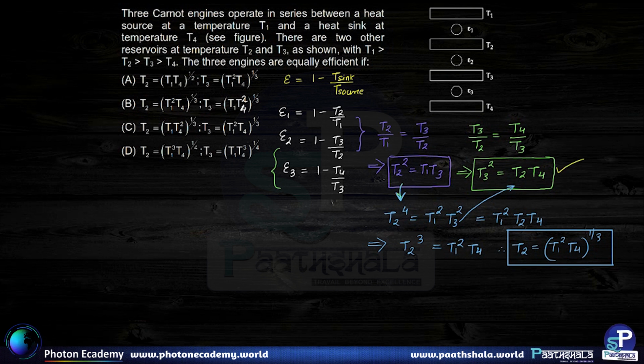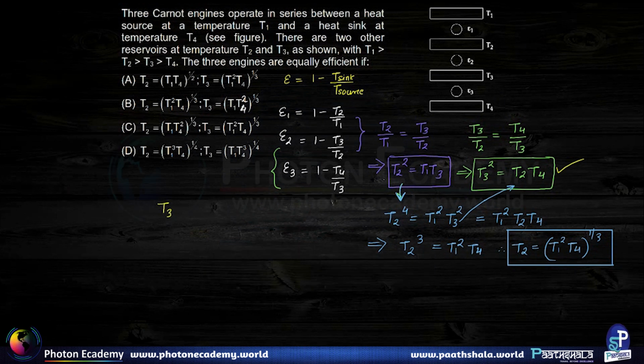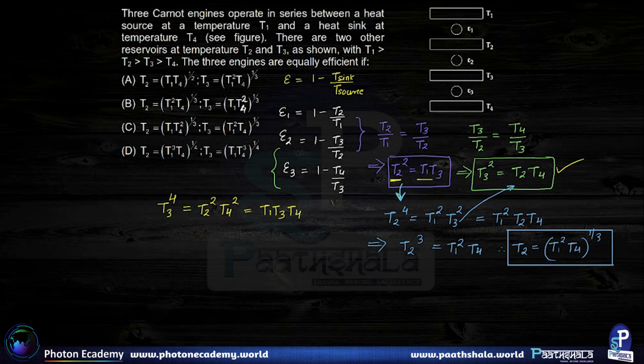this equation and we would get T3 raised to 4 is equal to T2 square T4 square. Now in place of T2 square we can write T1 T3. So this is going to be T1 T3 T4 square. Alright. So now we can cancel one T3 from here. So this will become cube.